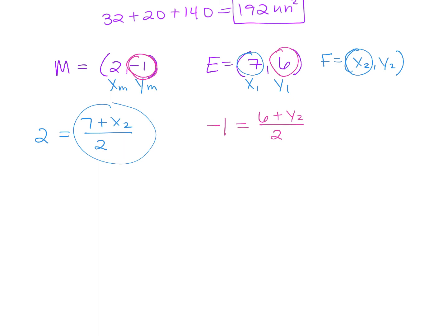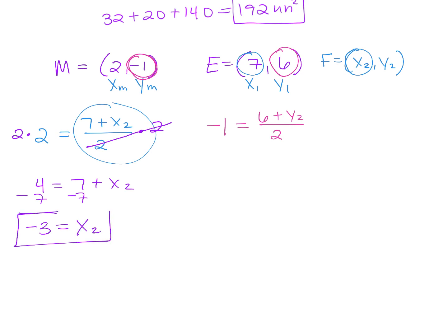So on the right side here, if we multiply by 2, that's 1. We got to do it on both sides. So 4 equals 7 plus x2. And then take away the 7. So we get -3 for our x2 value. Then do the same thing on the other side, multiply by 2.